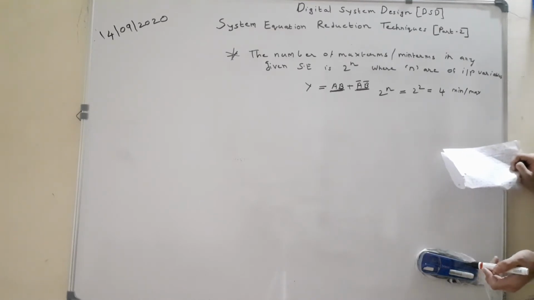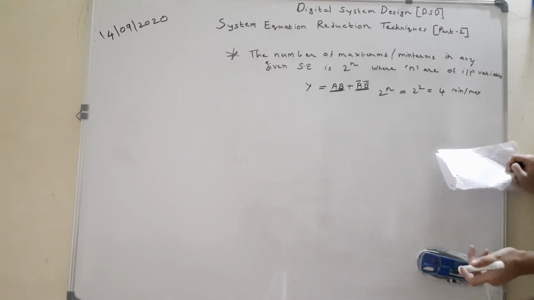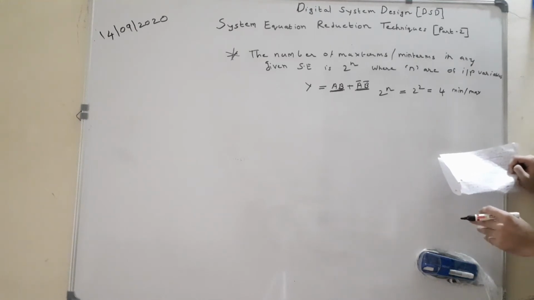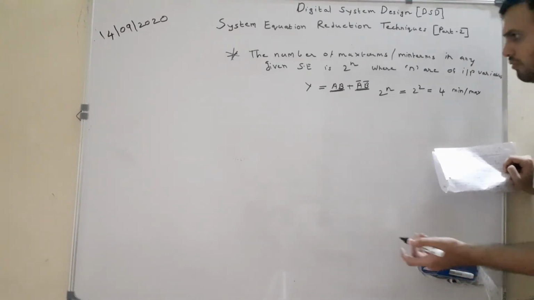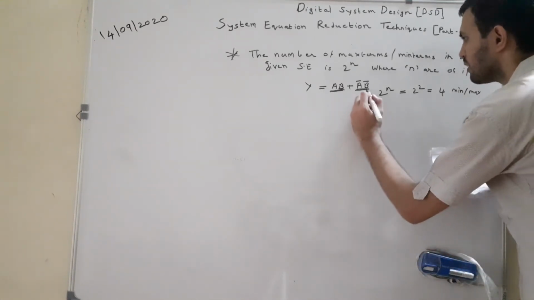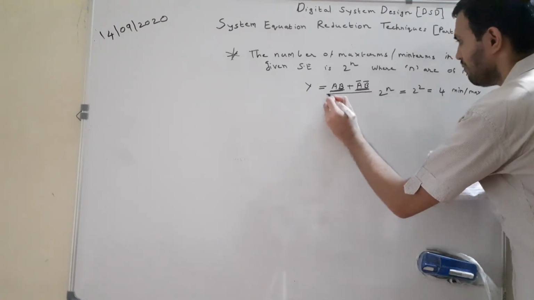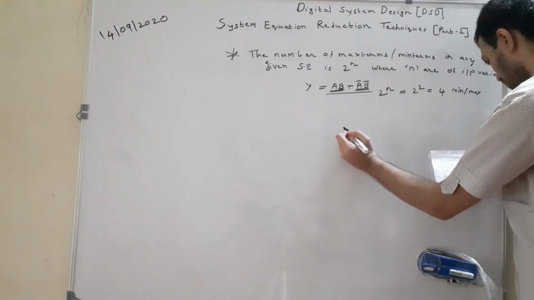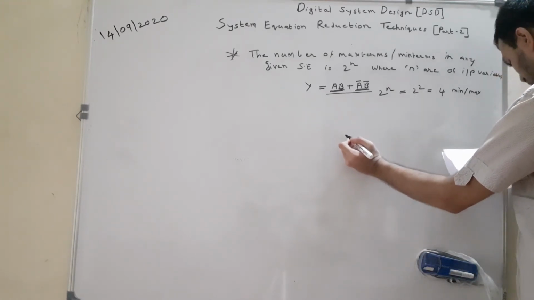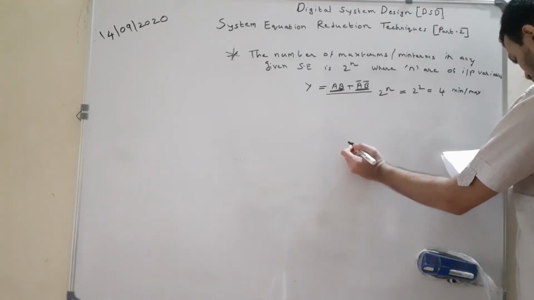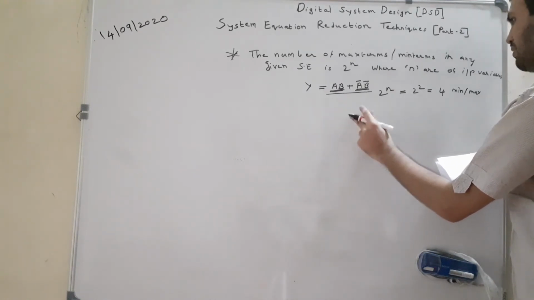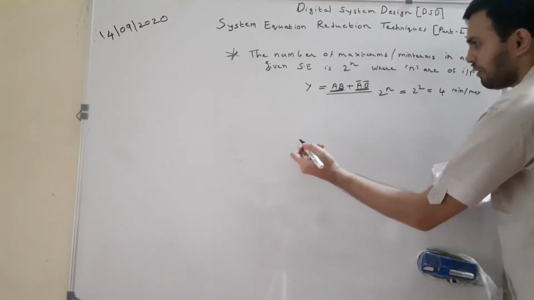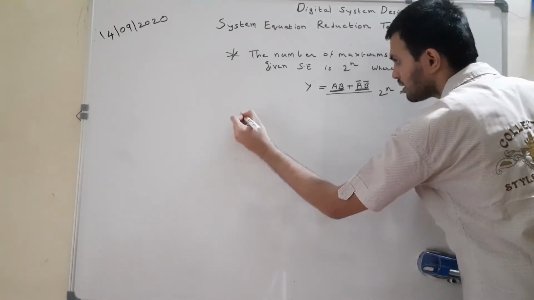Max terms and min terms can also carry values, 0 and 1. But then how do we identify which min term represents which value, or what is the value associated with a particular min term? As we discussed earlier, we will talk about min terms first.